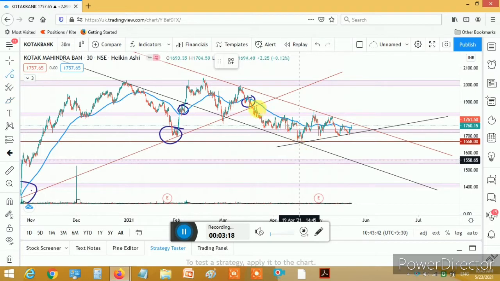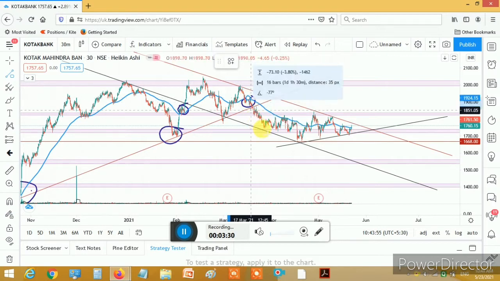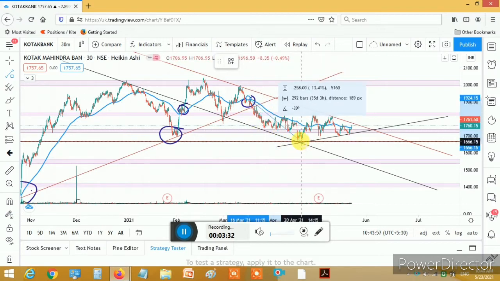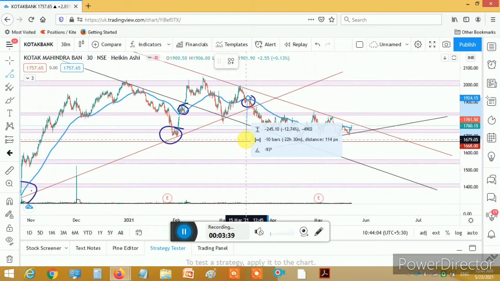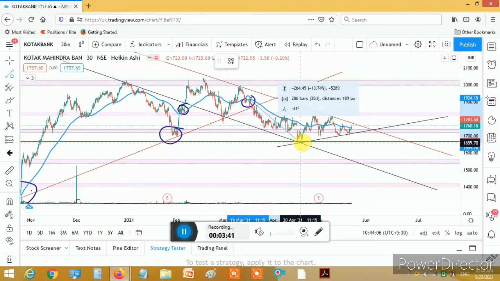Approximately, we can short here when the 200 EMA is above the price, and wait for the time period from around 15th March to 22 April.